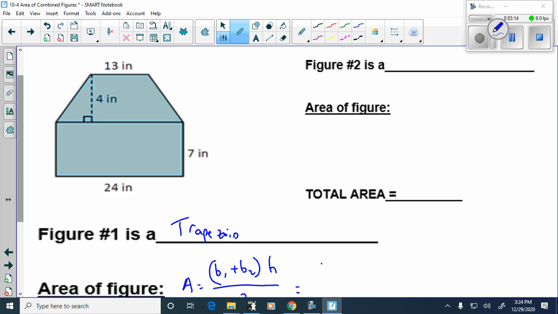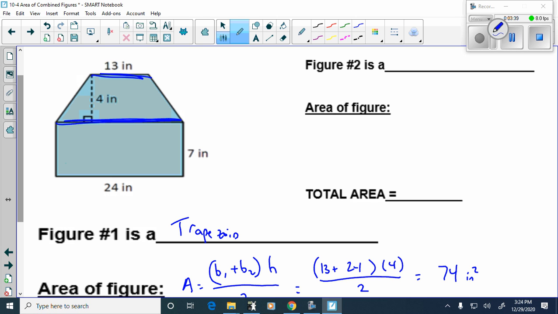So 13 is the one parallel side. The other base is this distance, which is going to be 24, the same as the bottom, times the height of the trapezoid divided by 2. So that's going to be 74 square inches.